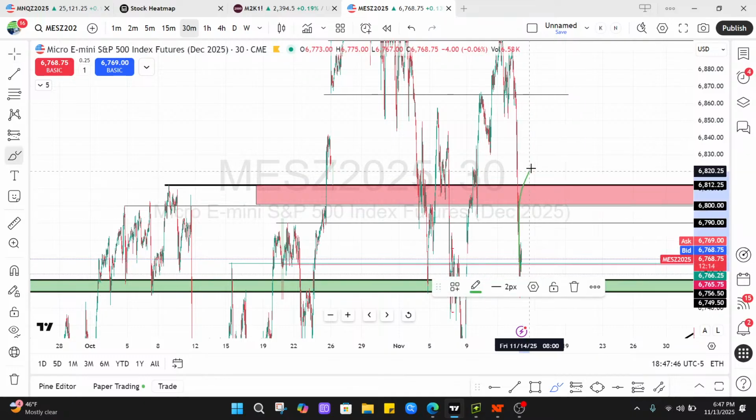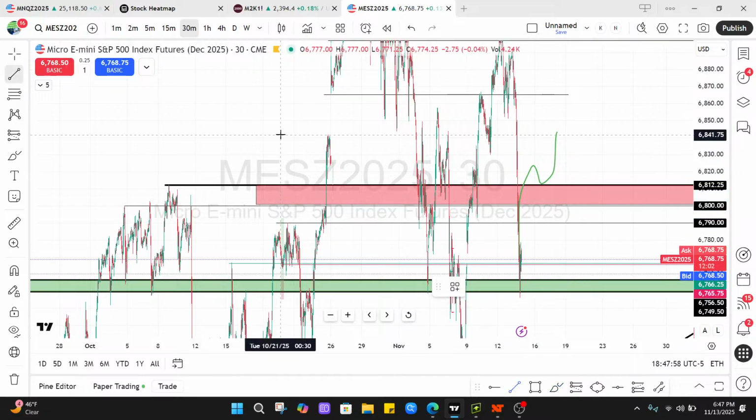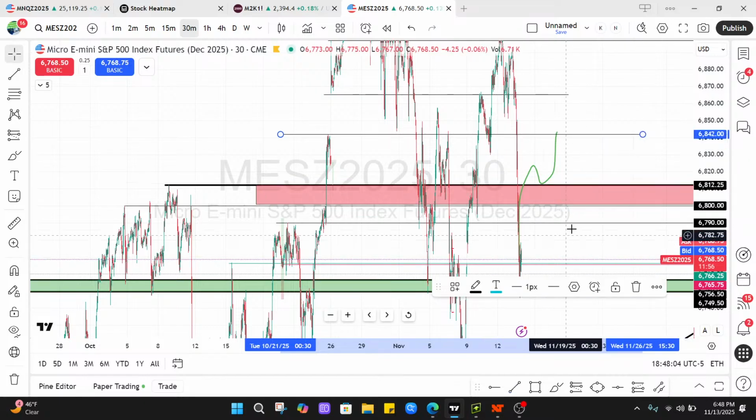Because if we get it long above those 6810s, then I might be looking for it to go to the 6840s. That would be a nice play.